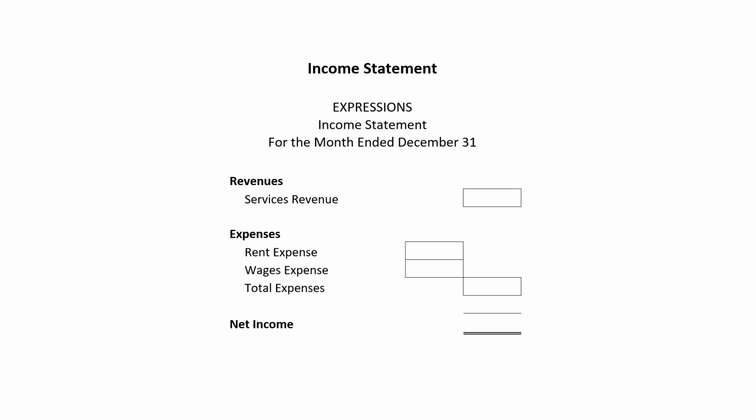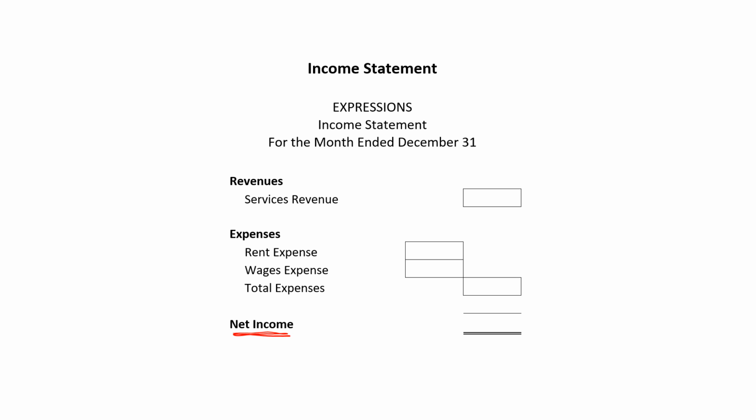So now we take the balances that we calculated on the trial balance and pull them over to the actual financial statements. The financial statements have to be prepared in a certain order, and the income statement always comes first because net income has to be calculated before going forward to other financial statements. So for the income statement, we're just looking for revenues and expenses.